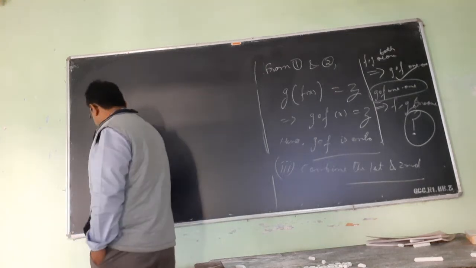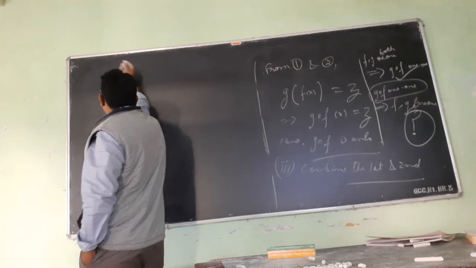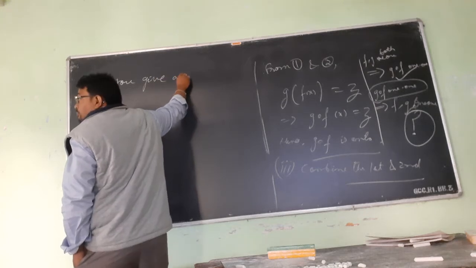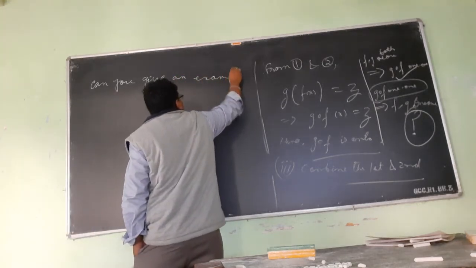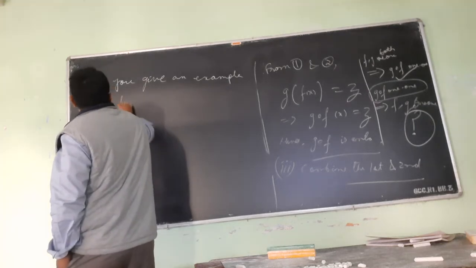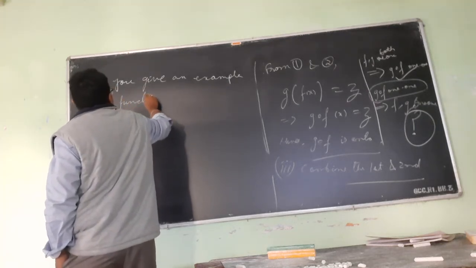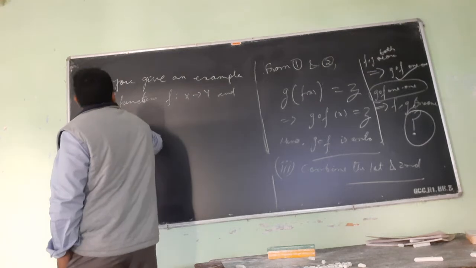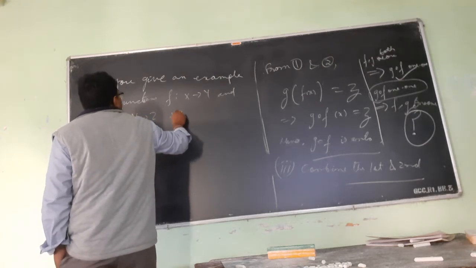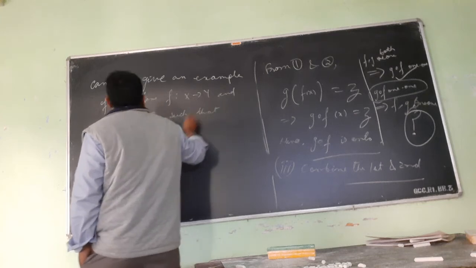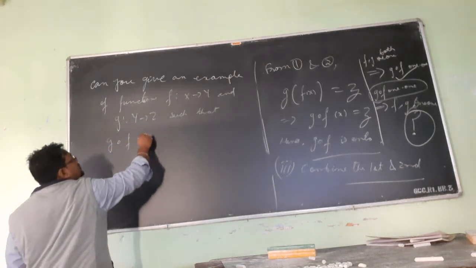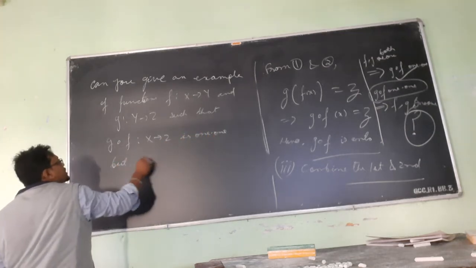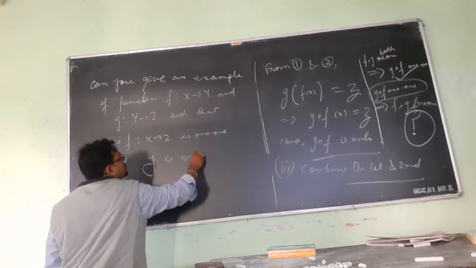Right? Can you give an example of functions f from X to Y and g from Y to Z such that g∘f from X to Z is 1-1, but g is not 1-1?